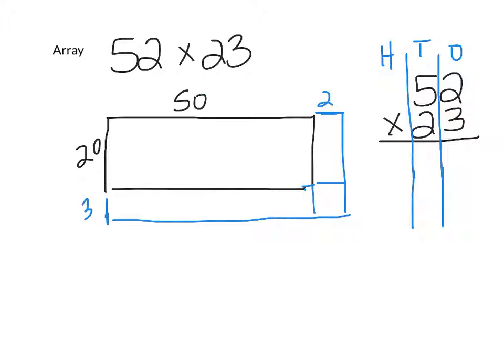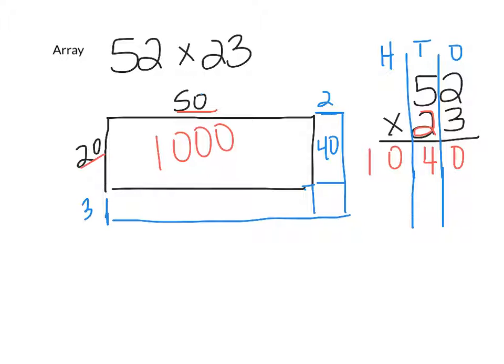So 20 times 50 is 1,000. And 20 times 2 is 40. So for the 20 in the 23, I have 1,040.